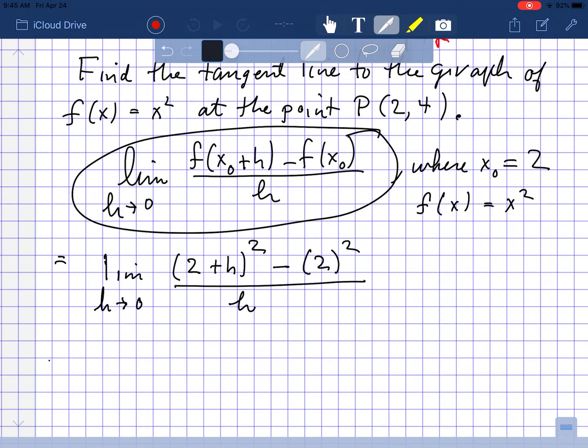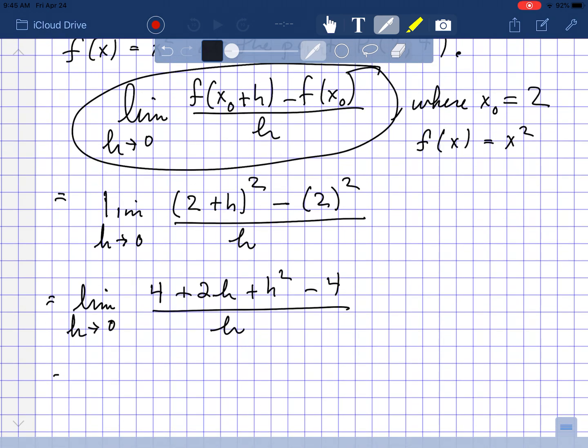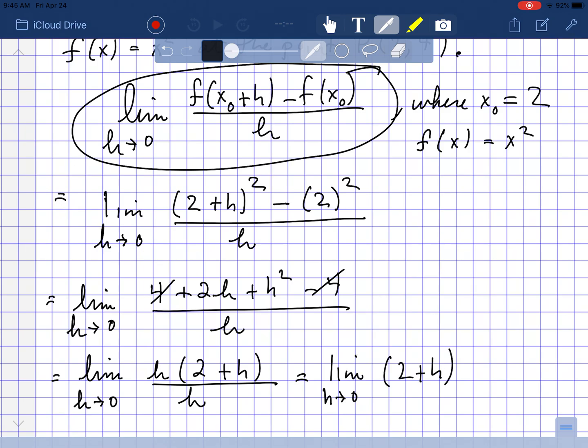And if I expand this out, this is the limit as h goes to 0 of 4 plus 2h plus h squared minus 4 divided by h, which is equal to the limit as h goes to 0. The 4's cancel, and I can pull out a factor of h. So I can write this as h times 2 plus h, all divided by h, which is equal to the limit as h goes to 0 of 2 plus h.